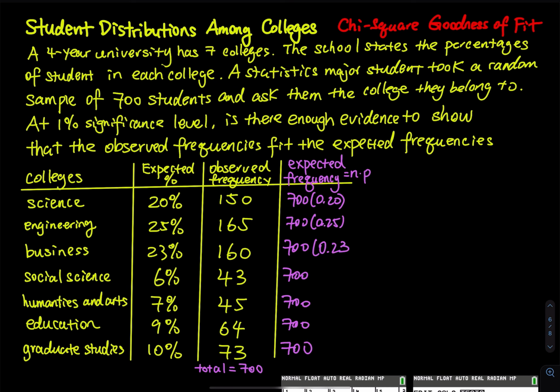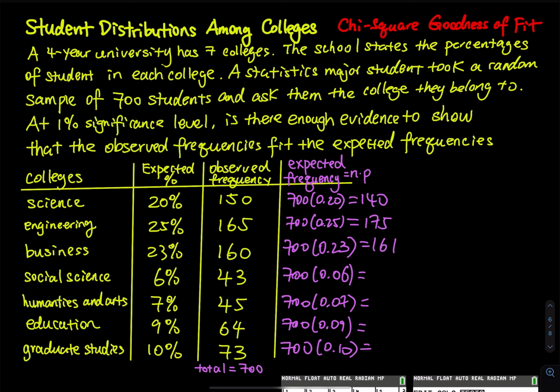So 0.23, and then 0.06, 0.07, and then 0.09, and then 0.10, and then equals. So this is 140, 175, 161, 42, 49, 63, and 70. So this is the expected frequency.